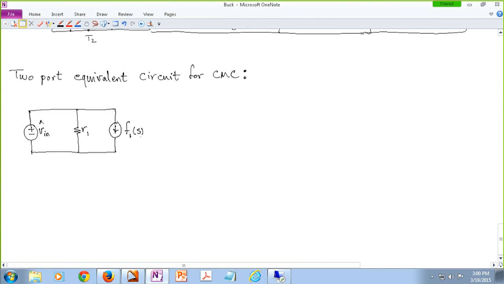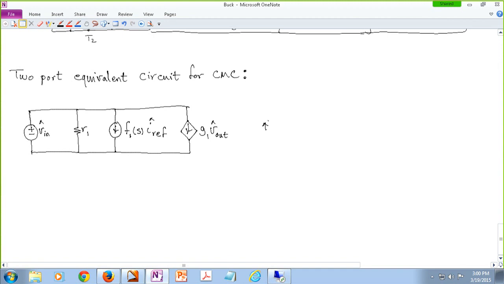They call this function f1 times I ref perturbed, then they call this a gain of G1 times V out perturbed.